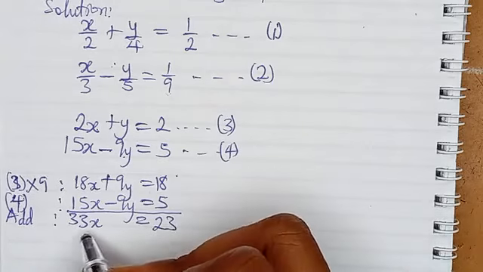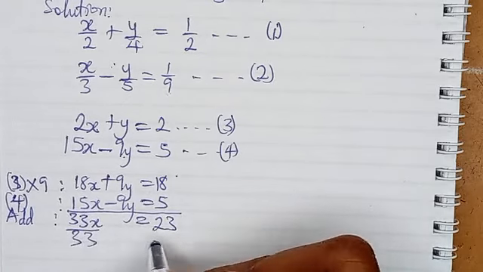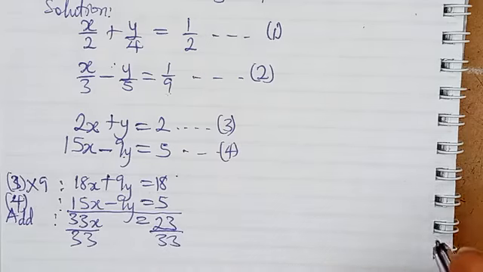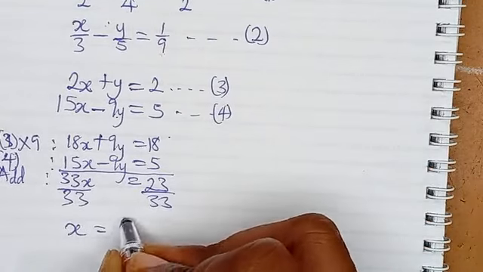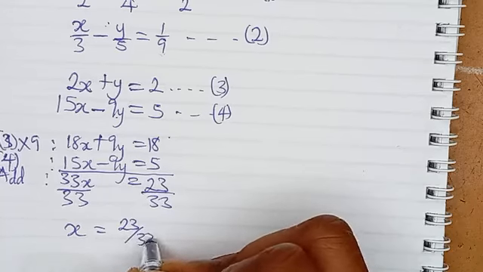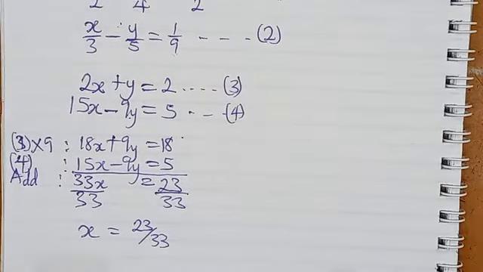At this stage, we already know what to do. We divide both sides by 33, and we find that x is equal to 23 over 33. I know this is a fraction, but some results are fractions.